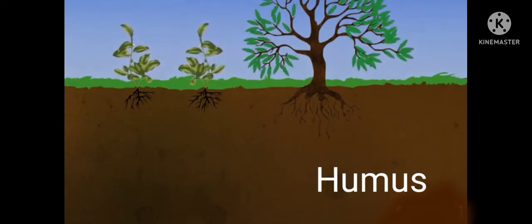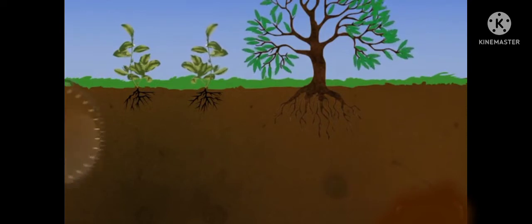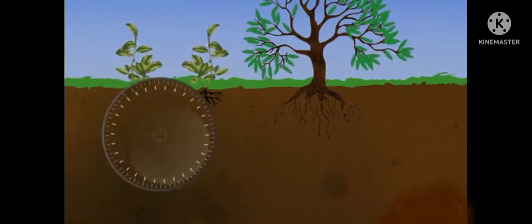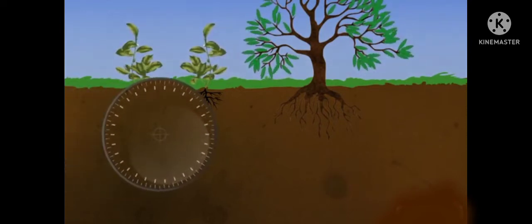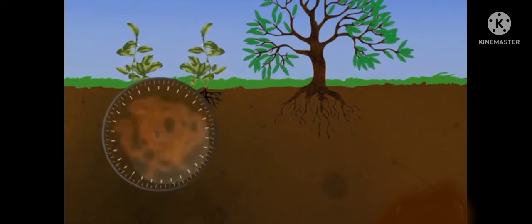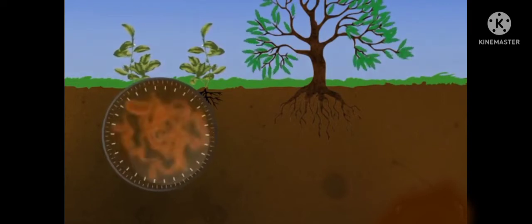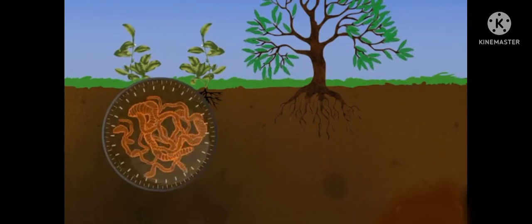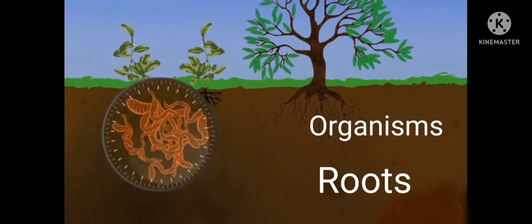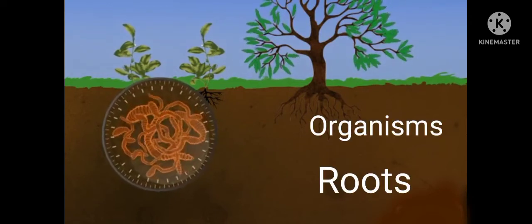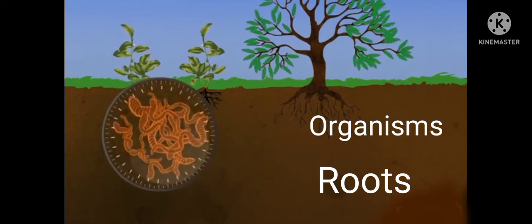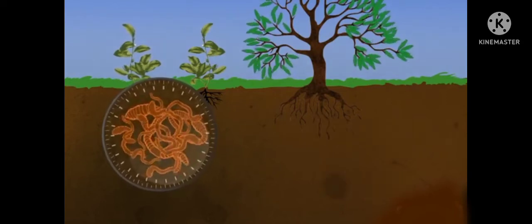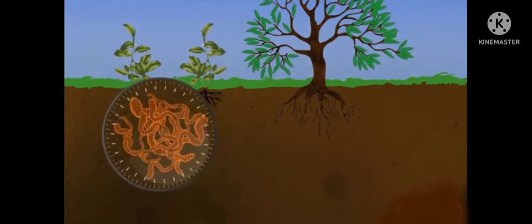It is rich in humus and minerals. It is soft, porous and it can retain more amount of water. We can find worms, rodents and roots of plants in this layer. This layer is also called topsoil.